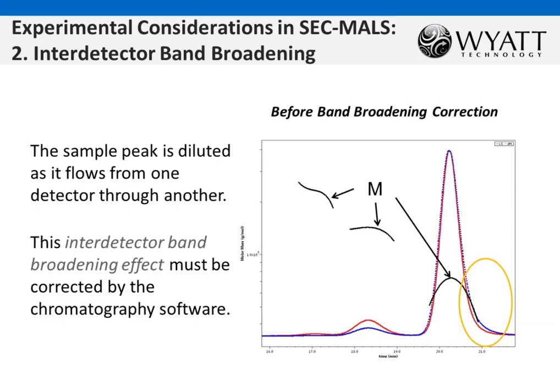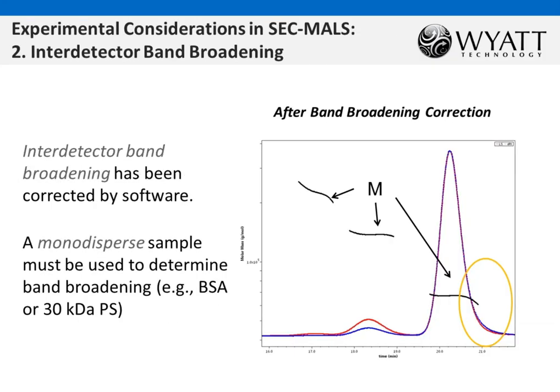This interdetector band broadening must be corrected by the chromatography software. After band broadening correction, the traces of the monomer peak overlay as expected, and the resulting molar mass distribution is monodisperse.